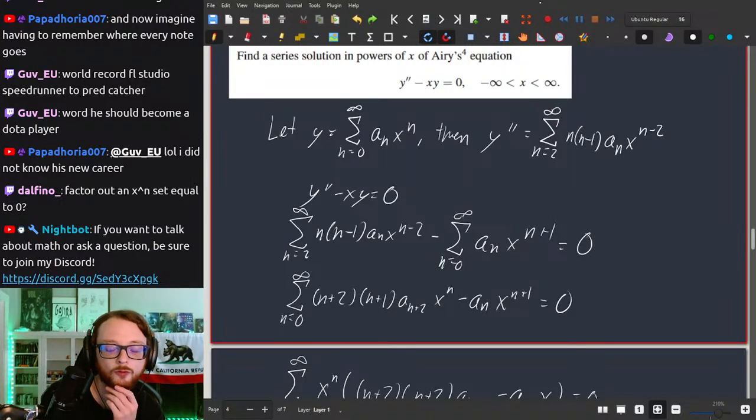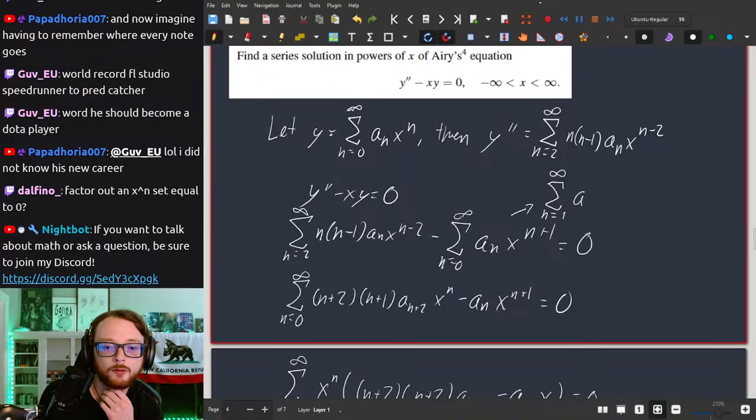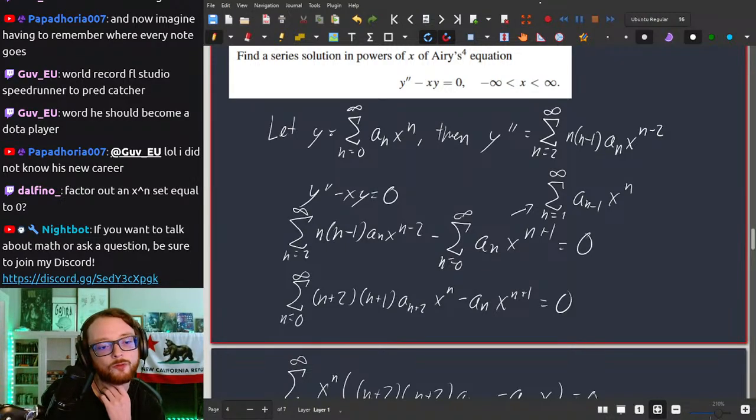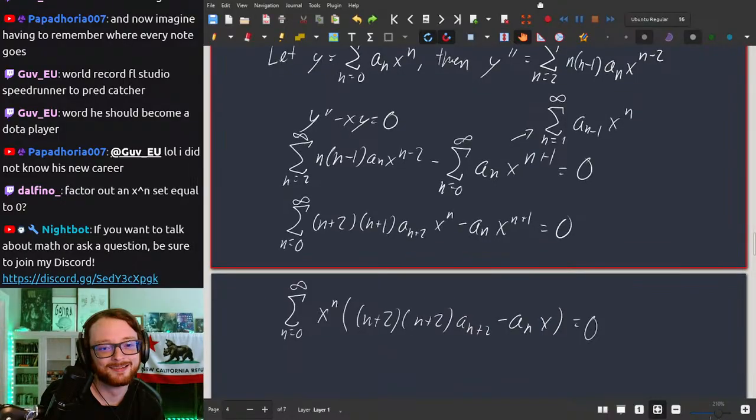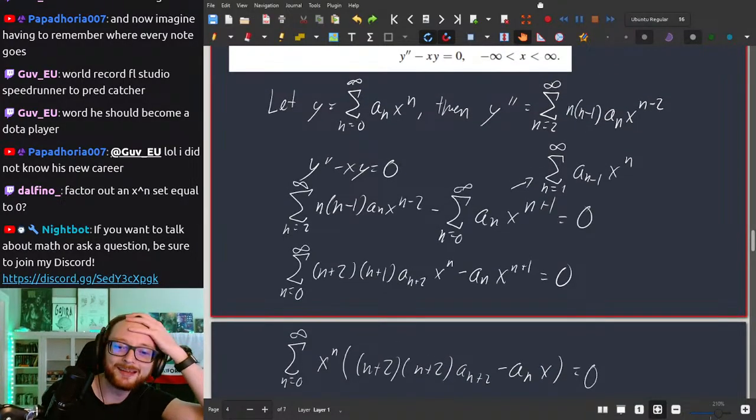Just to see what the world would be like, if I wanted to get that to be x to the n, I would start the series from n equals 1. Well, then the issue is I could throw out the first term of that. No, I would hate to do that.